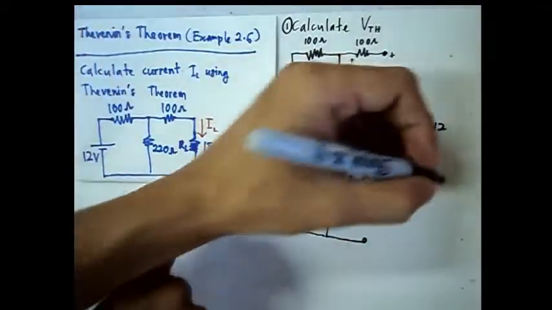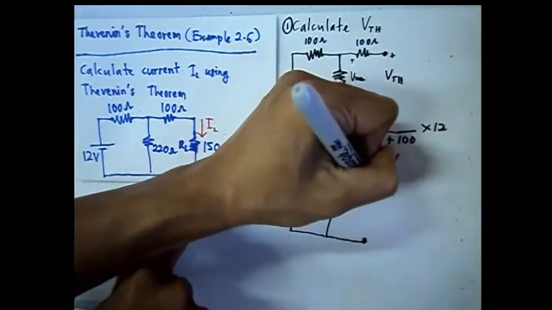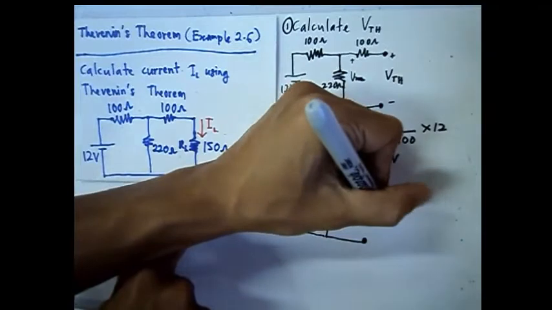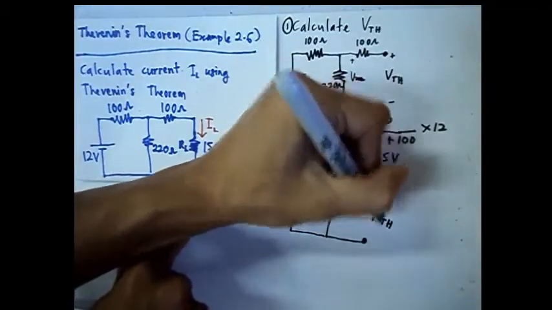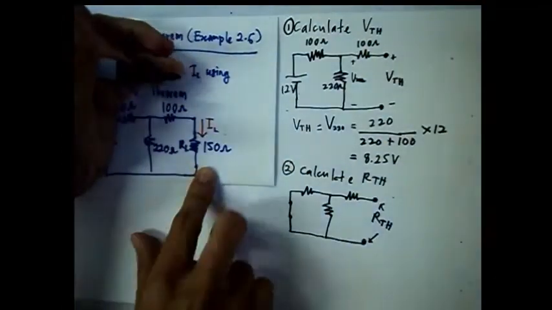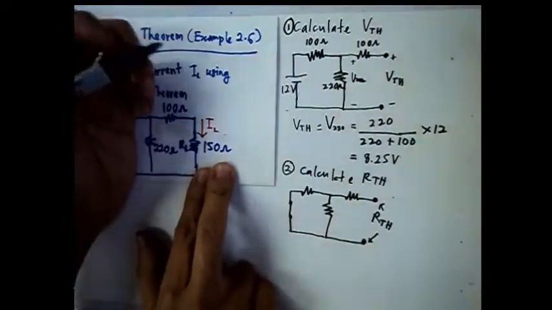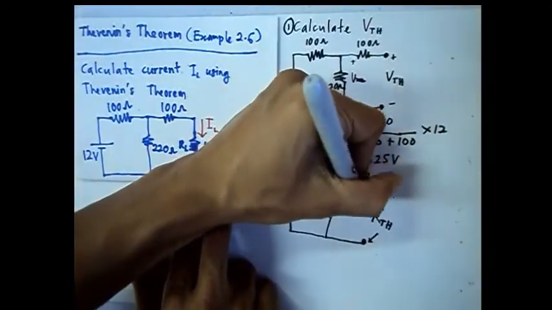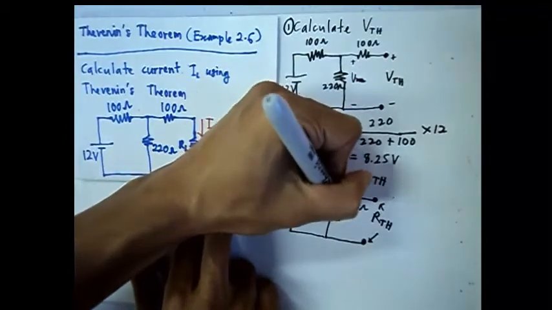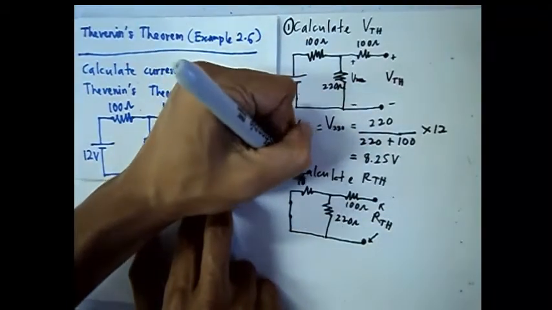By referring to the same reference point, we can determine our RTH by referring to the open terminal here. So we have here 100 ohm, 220 ohm and 100 ohm.